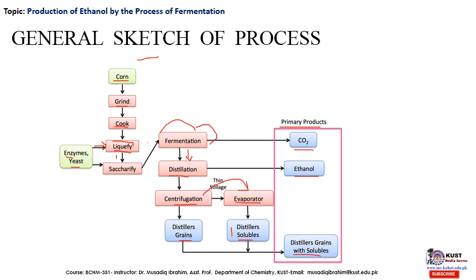So this is the general sketch of how the ethanol production takes place, along with the saccharification of the liquefied corn, the fermentation step, and the refining steps which include the distillation, after which you can get the ethanol.